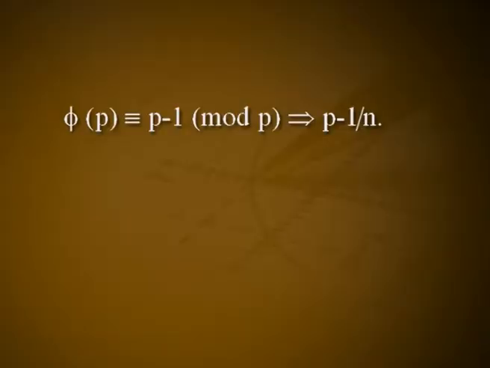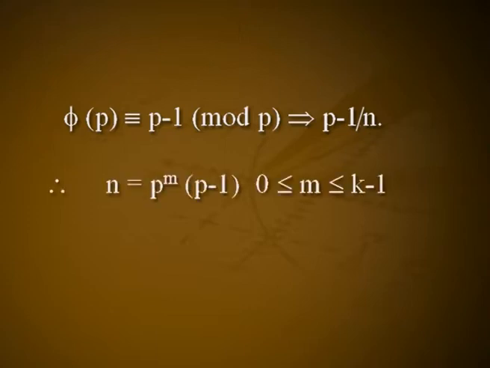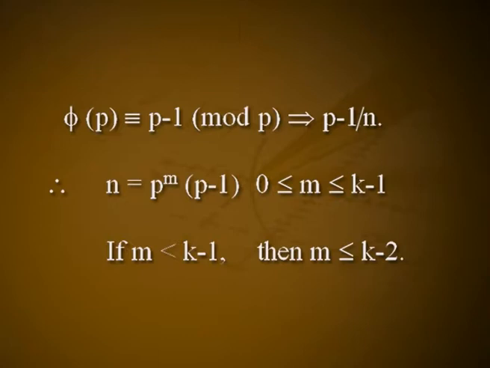But then a has exponent φ(p) = p-1 mod p, which implies p-1 divides n. Therefore, n = p^m(p-1), 0 ≤ m ≤ k-1. If m < k-1, then m ≤ k-2.